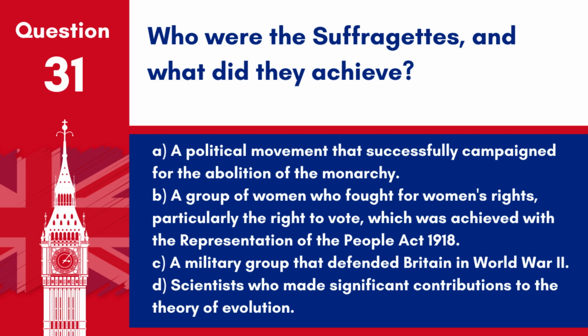A. A political movement that successfully campaigned for the abolition of the monarchy. B. A group of women who fought for women's rights, particularly the right to vote, which was achieved with the Representation of the People Act 1918. C. A military group that defended Britain in World War II. D. Scientists who made significant contributions to the theory of evolution.